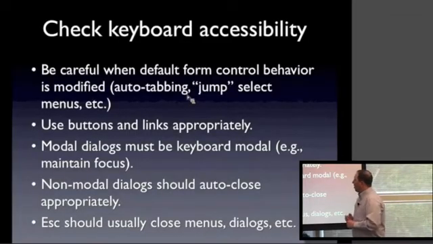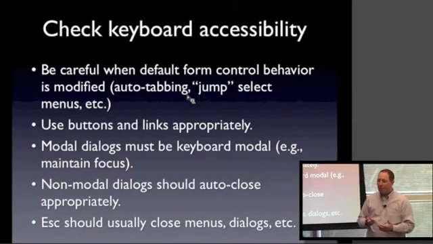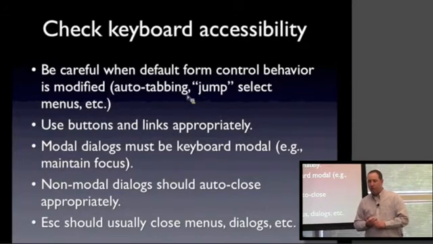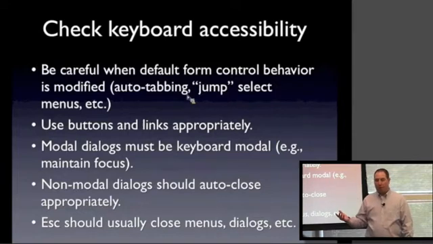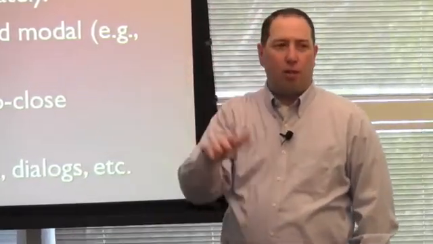Use buttons and links appropriately. We see this a lot. It can be fairly significant for screen reader users. Users expect buttons to perform functions or submit form information. They expect links to simply take them to another web page. An example might be a complex search form.